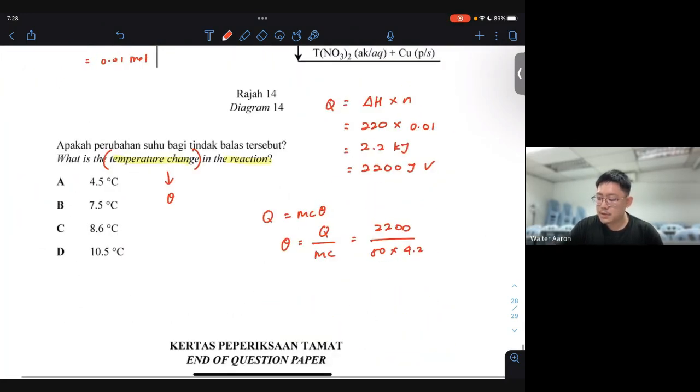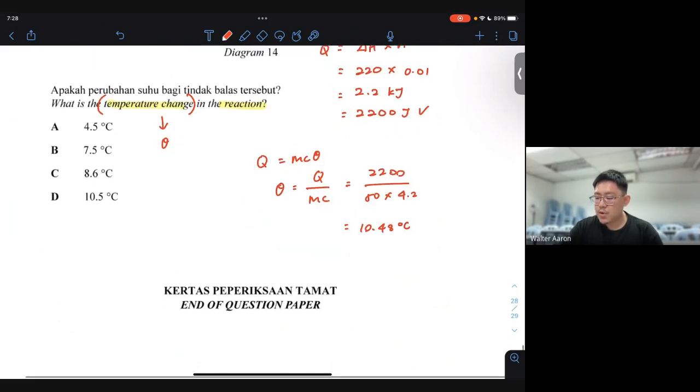If you calculate everything correctly, you're supposed to get around 10.48 degrees Celsius, but that's not part of the answer. You can just round it off to the nearest answer here, which is technically 10.5 degrees Celsius. So therefore, the answer here will be D.